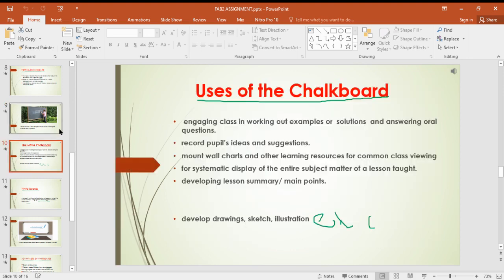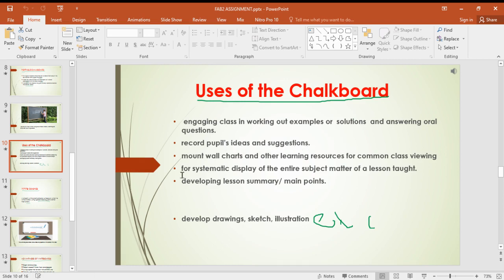Then let's look at the uses of the chalkboard. The first use of the chalkboard is engaging the class in working out examples or solutions and answering oral questions. Number two, it helps in recording pupils' ideas and suggestions.